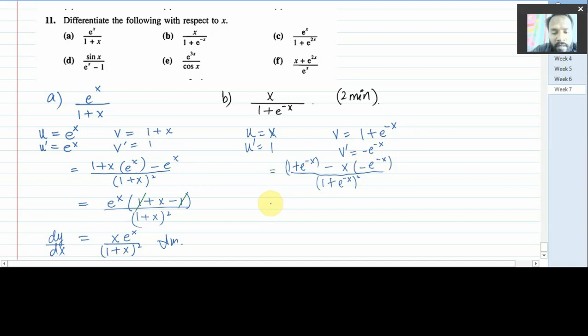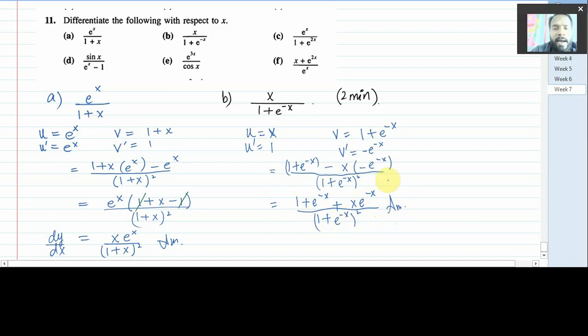You can simplify a little bit, so 1 plus e to the power minus x, minus minus plus x e to the power minus x, divided by 1 plus e to the power minus x whole square. Alright, so that is your final answer. We cannot simplify it further.